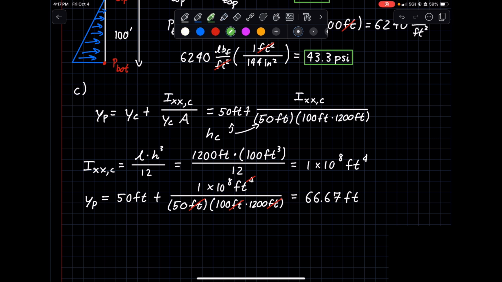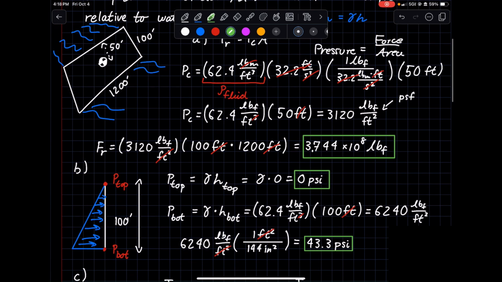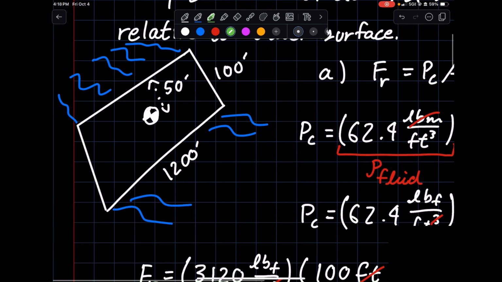So this is where the actual center of pressure is on the dam relative to the surface. So our center of pressure, if this is 50 feet, then it's a little bit more. So this is where y sub p is relative to the surface, which is up here.